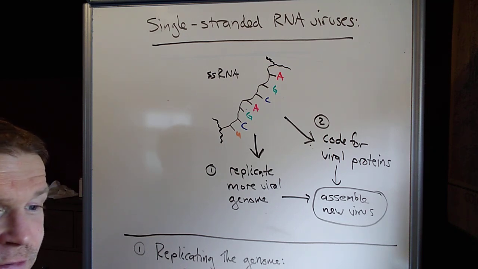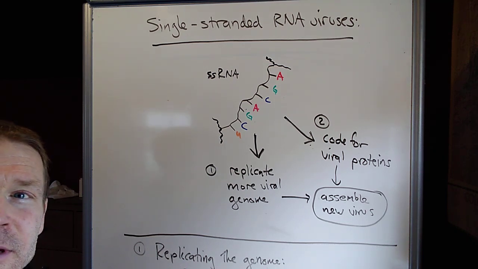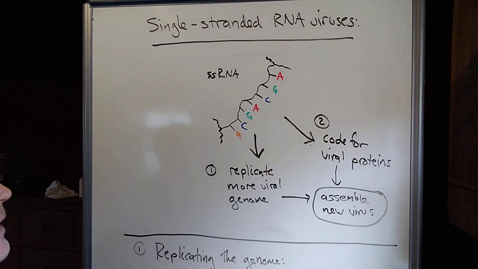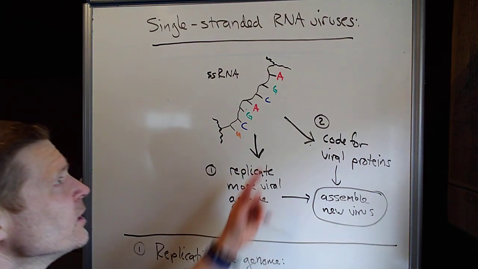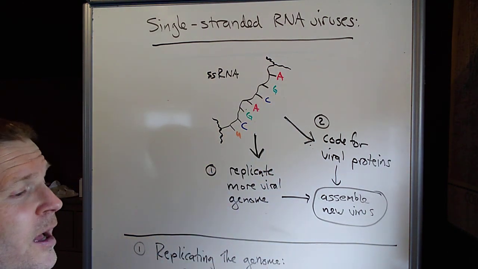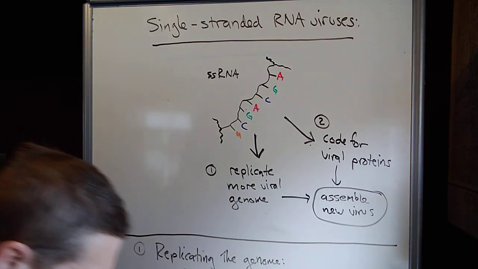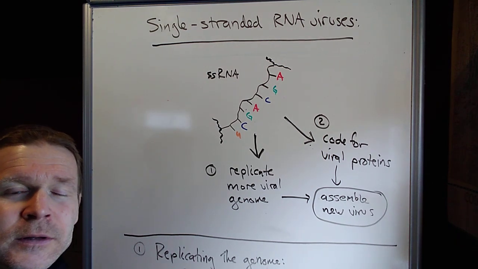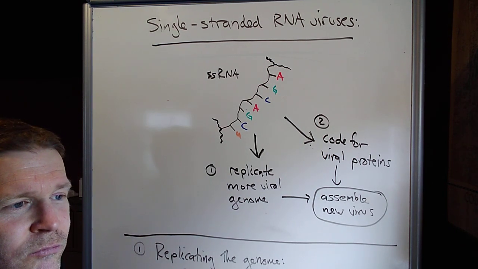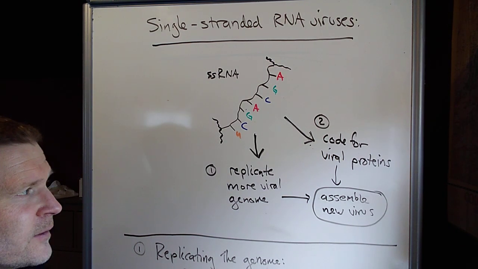There's a lot of different viruses that have their genome organized in different ways. So I've represented what the genome looks like here as a single-stranded nucleic acid with the various RNA bases. And then what the viral RNA genome really does is two things.